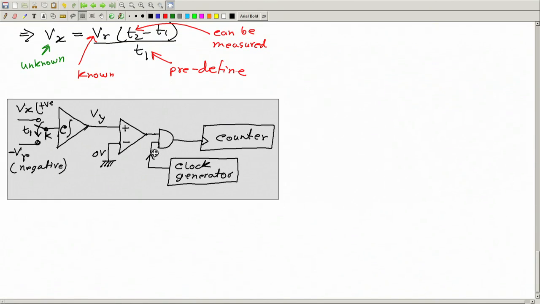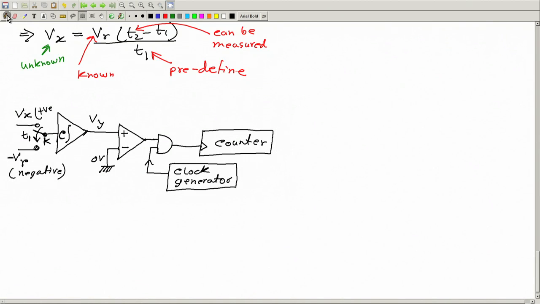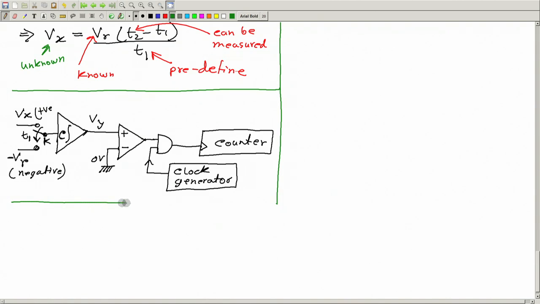Let me keep it here for easy reference. Okay. Now let us see how Vy changes.